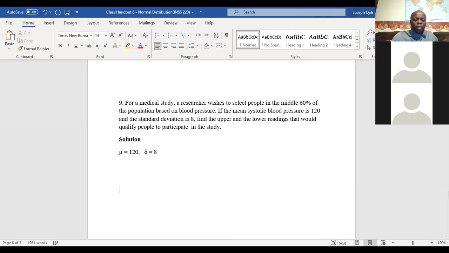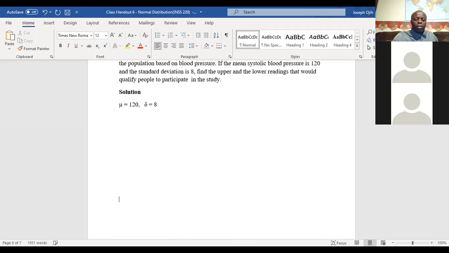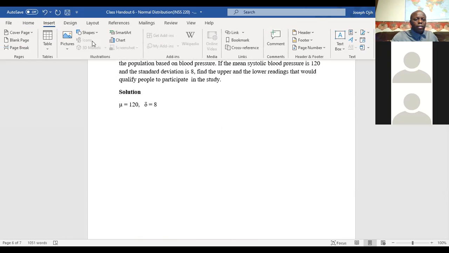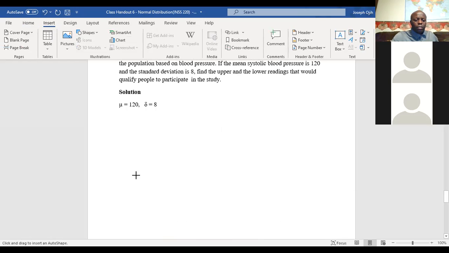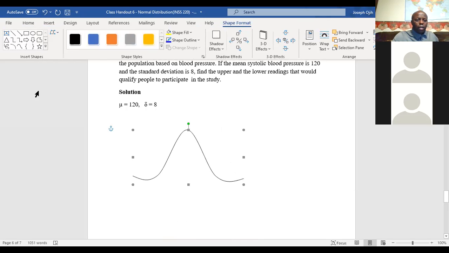First thing is to draw the chart. Then put the x-axis, and then put the center line that represents the mean.